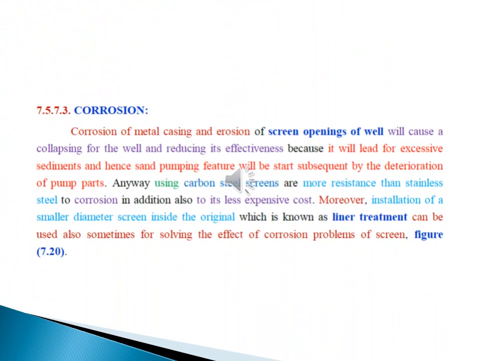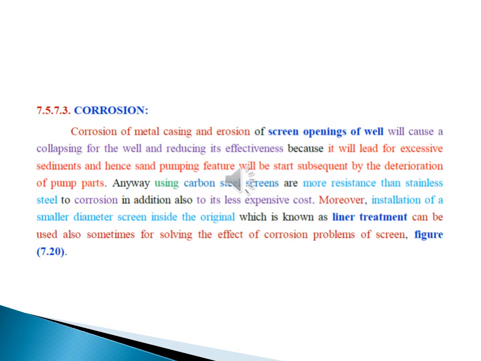Corrosion of metal casings and erosion of screen openings of the well will cause the well to collapse and reduce its effectiveness, because it will leak excessive sediments and hence sand pumping, followed by damage to the pump, will occur. Anyway, using carbon steel screens is more resistant than stainless steel.